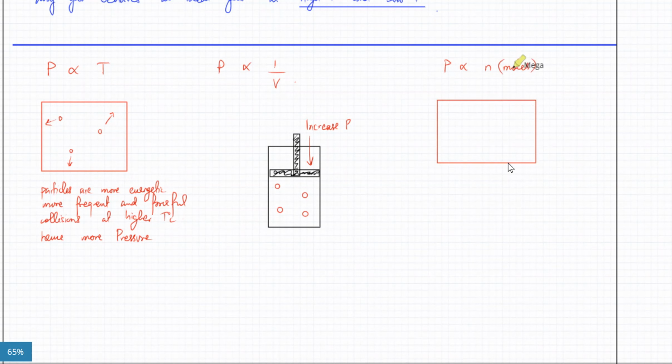You have more particles, there's going to be more pressure. So you've got a gas, you've got more particles, you're going to have more collisions. You add more particles to it, you increase the number of moles somehow, and there's going to be more pressure exerted. So that also obviously makes sense.